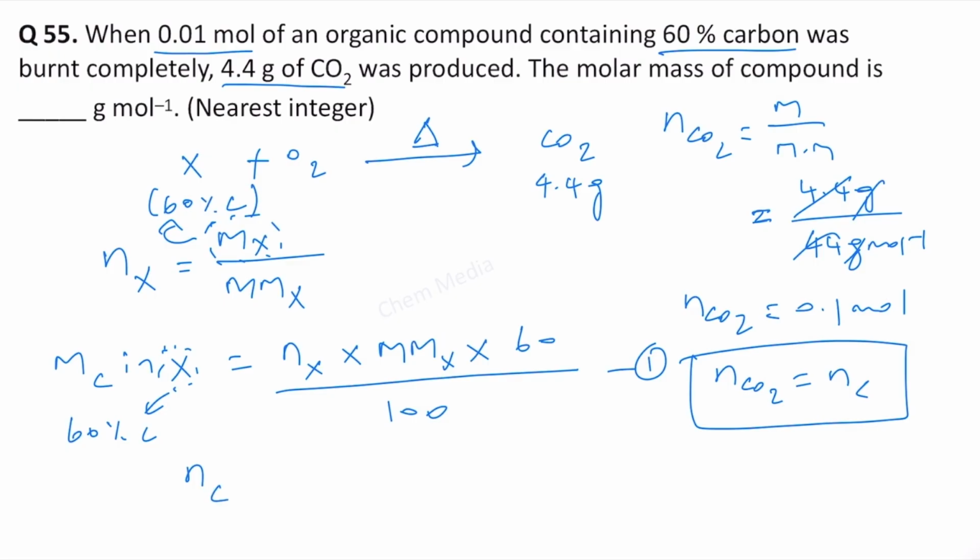Number of moles of carbon in X is equal to mass of carbon in X divided by molar mass of carbon. Mass of carbon in X, we can substitute this. Molar mass of carbon is 12 gram per mole.